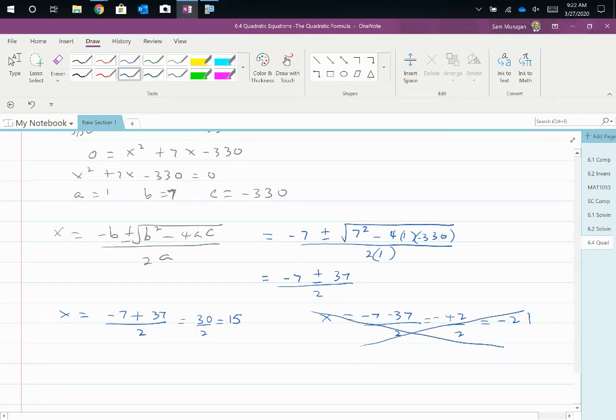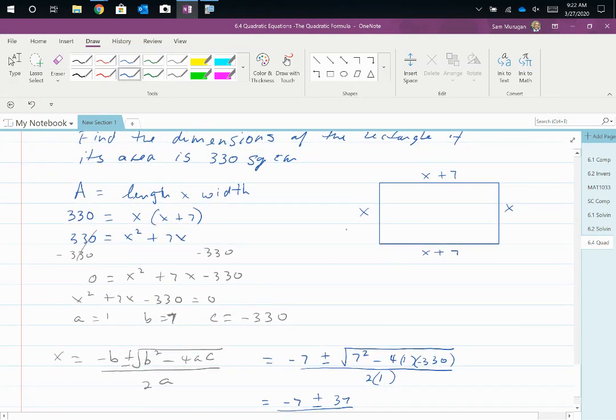So we know that the side is equal to 15, and then the x plus 7 values are 15 plus 7, which is 22. So each of these are 22.